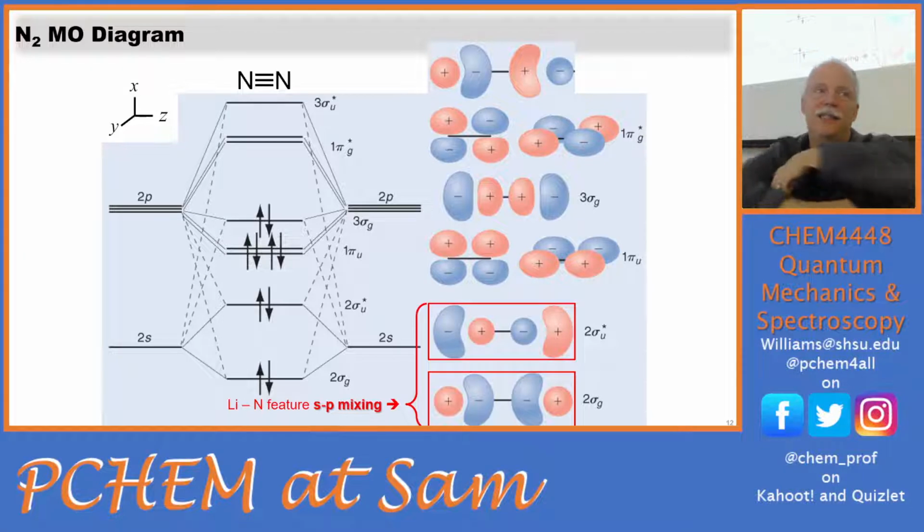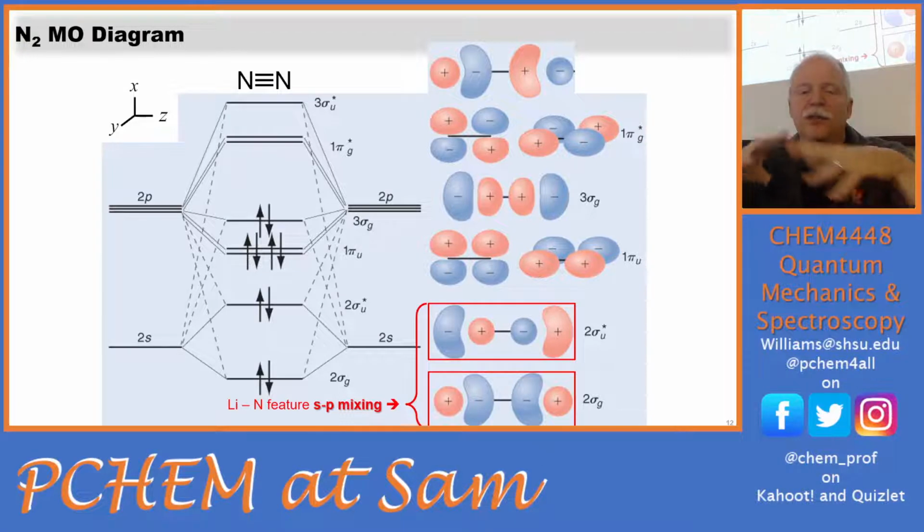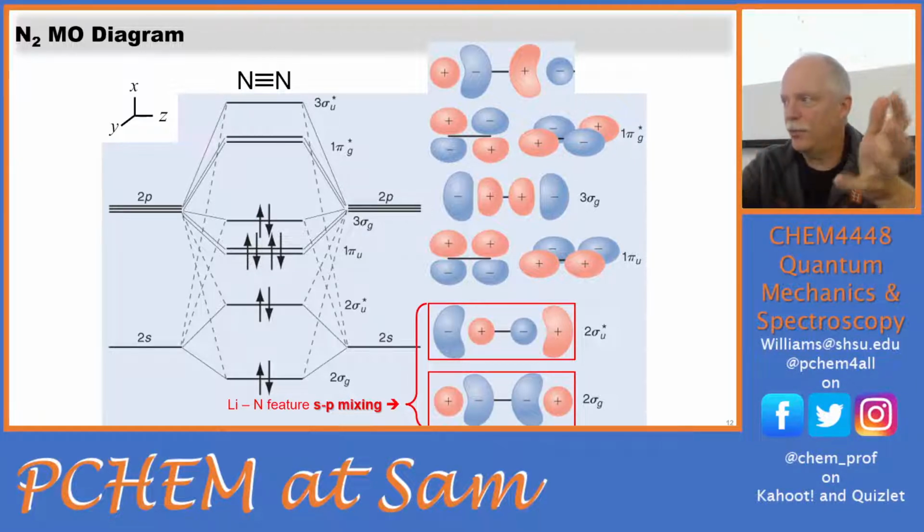They're not saying, gee whiz, I'm stuck in an s orbital and I really wish I had some p character here. Okay, they're going to do what they're going to do. And mixing in a little bit of the p orbital into those two s's allows us to better predict the properties of nitrogen and carbon, dicarbon and diboron and so on. So lithium through nitrogen feature sp mixing, but that's it.